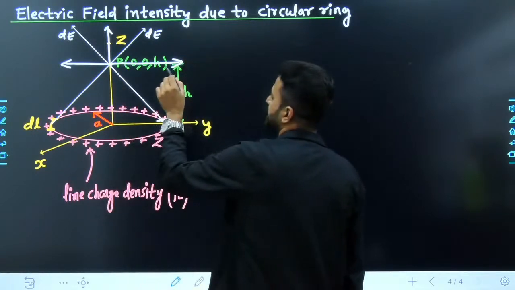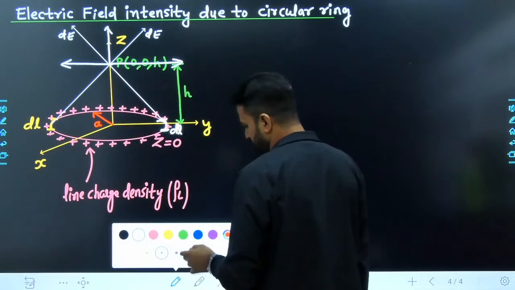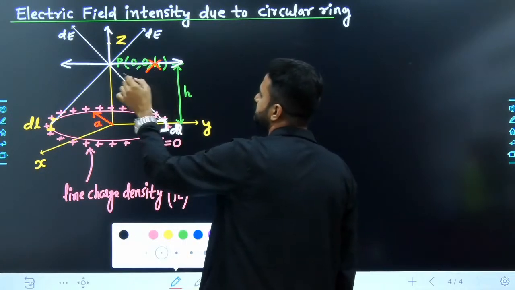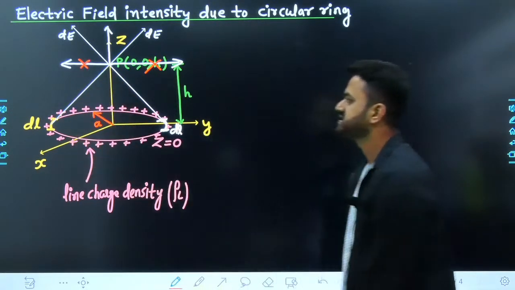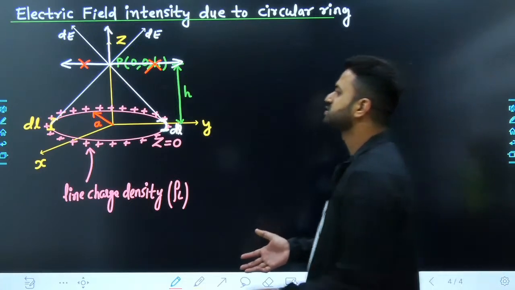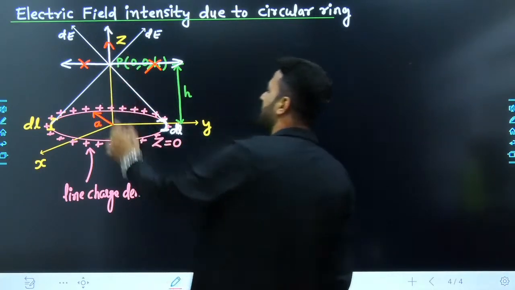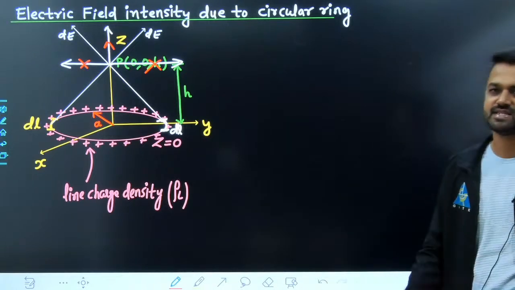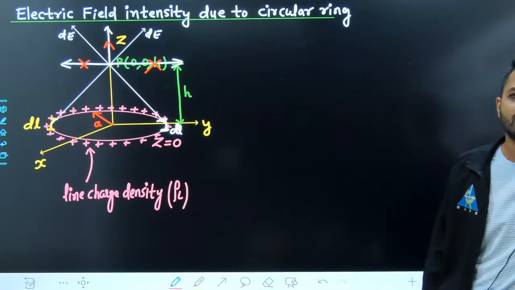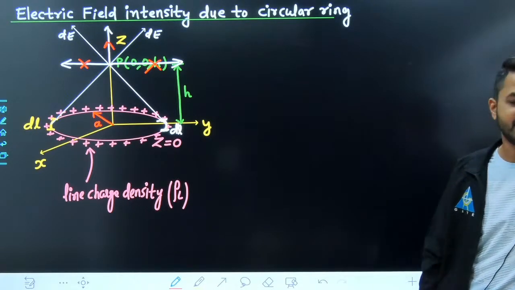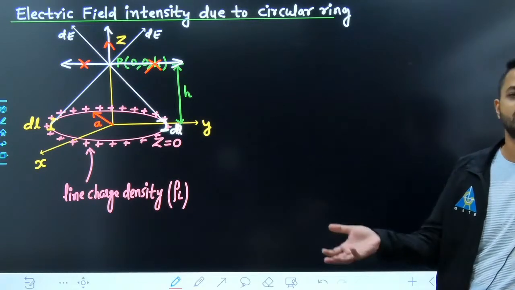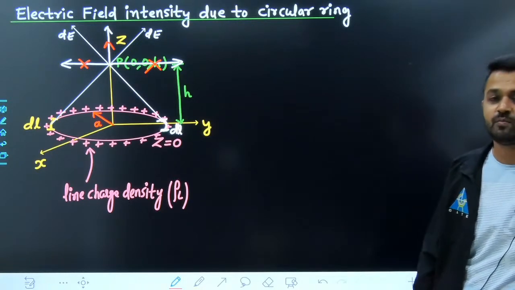This radial direction and this radial direction are opposite to each other, so they will cancel each other. But all the fields going in the z direction have the same direction, so all are added together and they will give you the electric field in the direction of positive z.